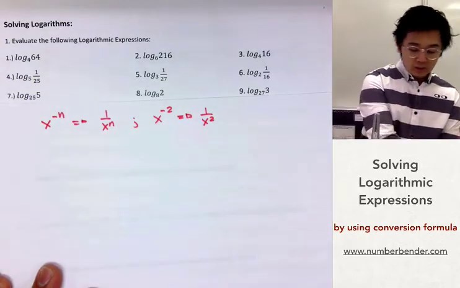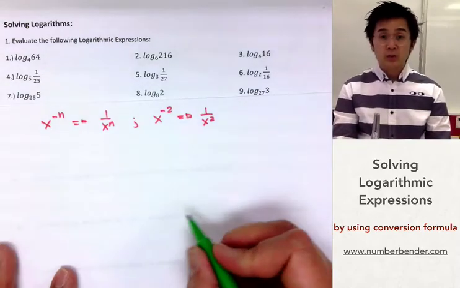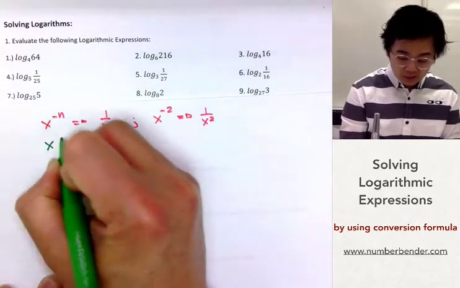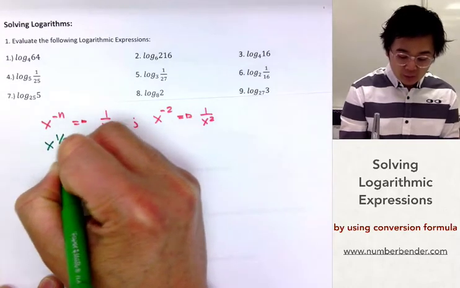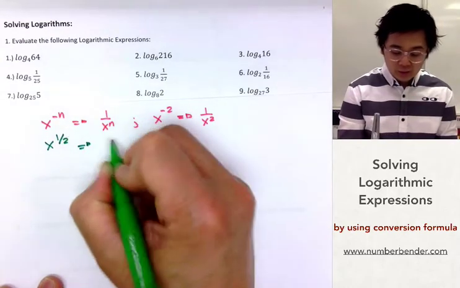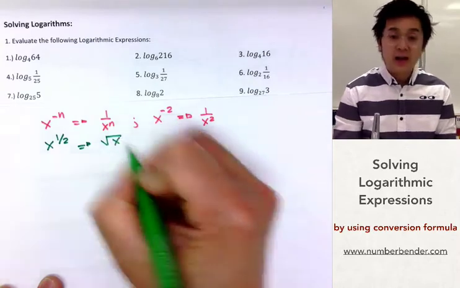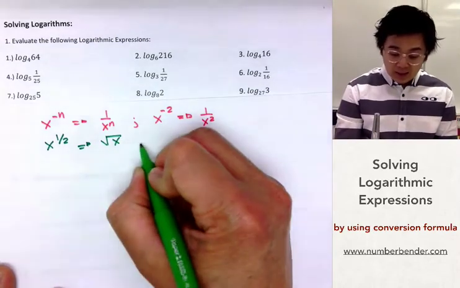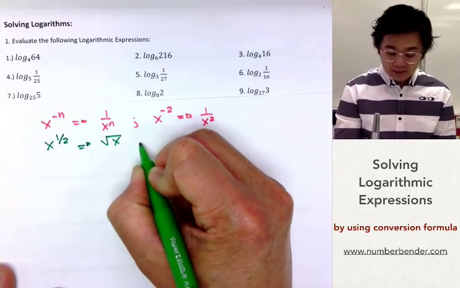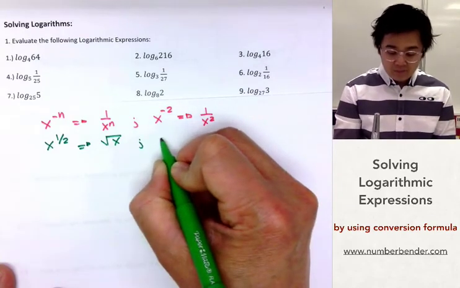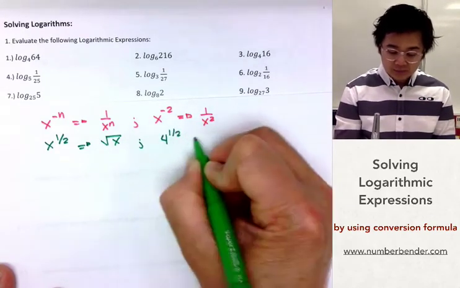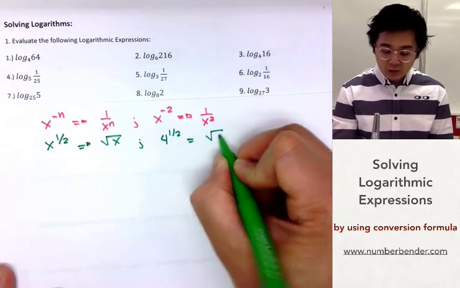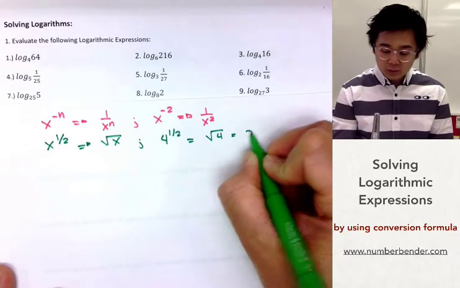Similarly, another law of exponents that we're going to be seeing and using today will be the fractional exponent. If I have x raised to 1/2, we know that x raised to 1/2 is square root of x using the law of exponent. And every time we see an exponent of 1/2, let's say 4 raised to 1/2, it's the same as seeing square root of 4, which is equal to 2.